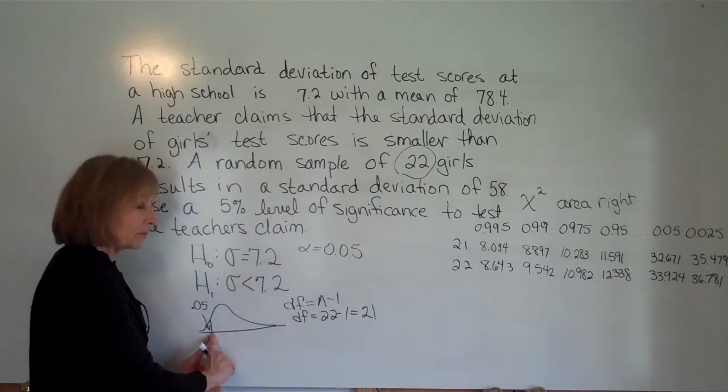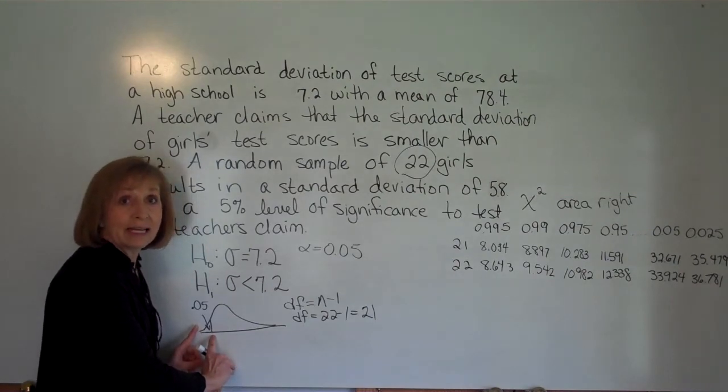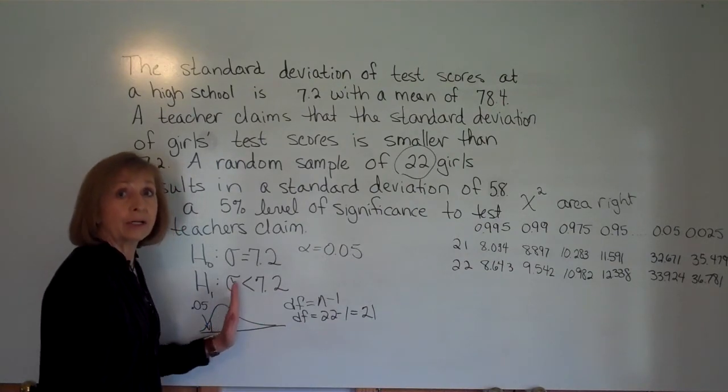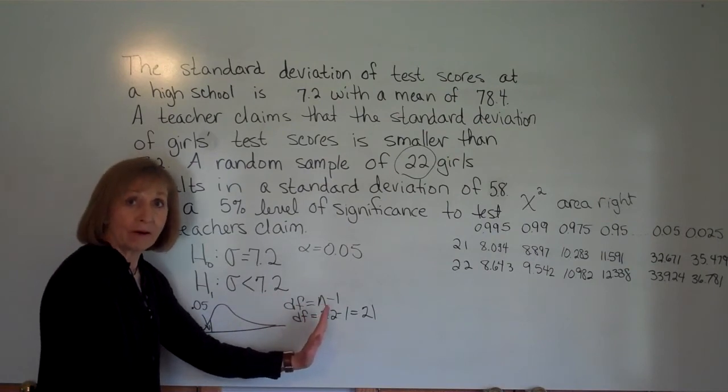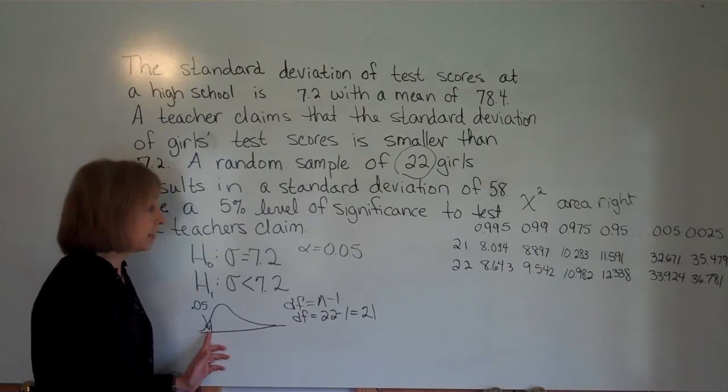Now, since my test is a left tail test, the alpha is the area in the left tail. If that's the amount of area in the left tail and the entire area is 1, the area right of my critical value I'm looking for is 1 subtract the 0.05.